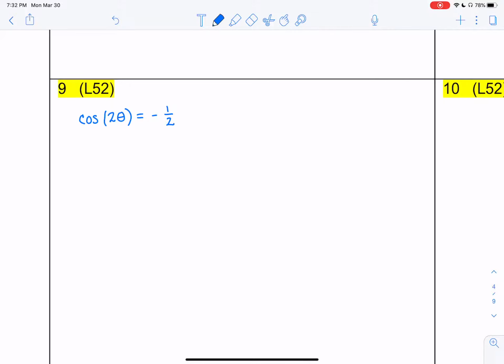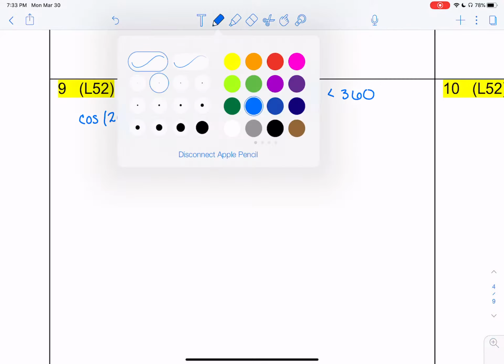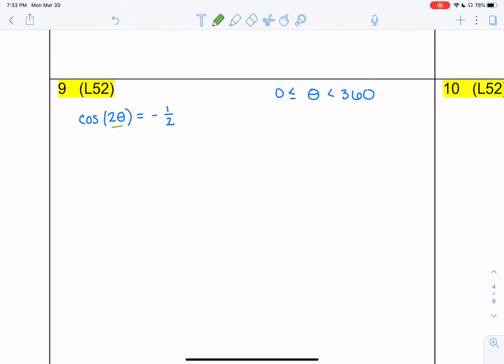And it lists for us the domain is given as 0 through 360, just as we did on the other side. So 0 is less than or equal to theta, which is less than 360. And I'm going to note that it's 2 theta.